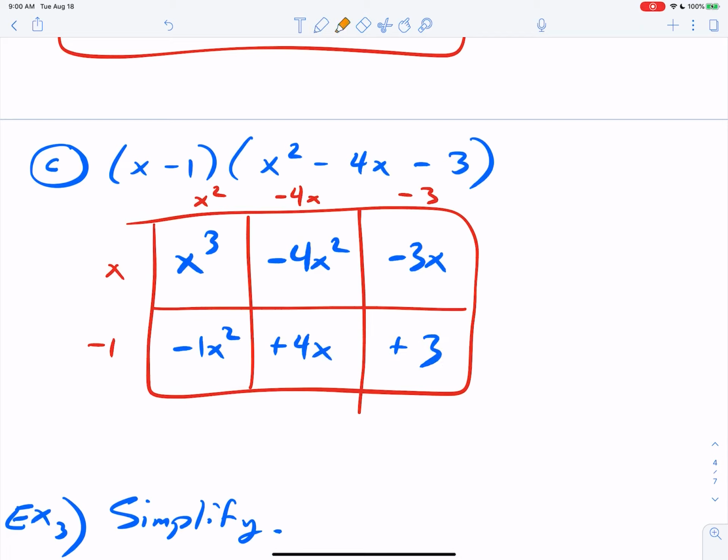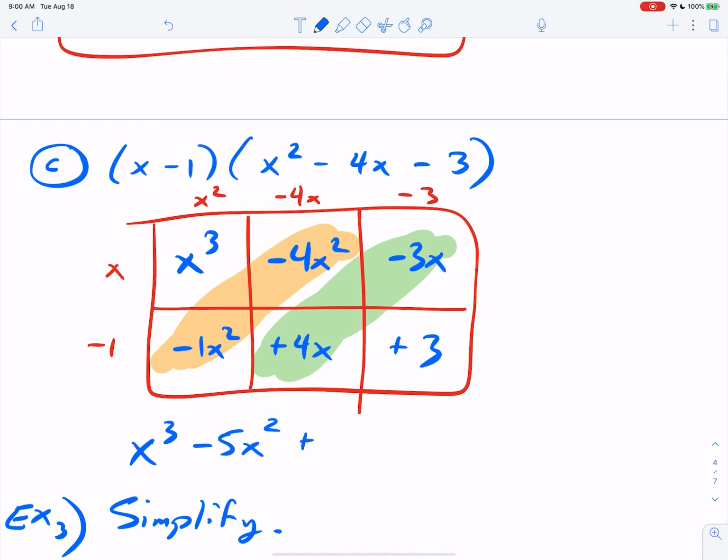Okay, I noticed that my diagonals I can combine. Notice how they're the same term. Okay, so I'm left with x cubed minus 5x squared plus 1x plus the 3.